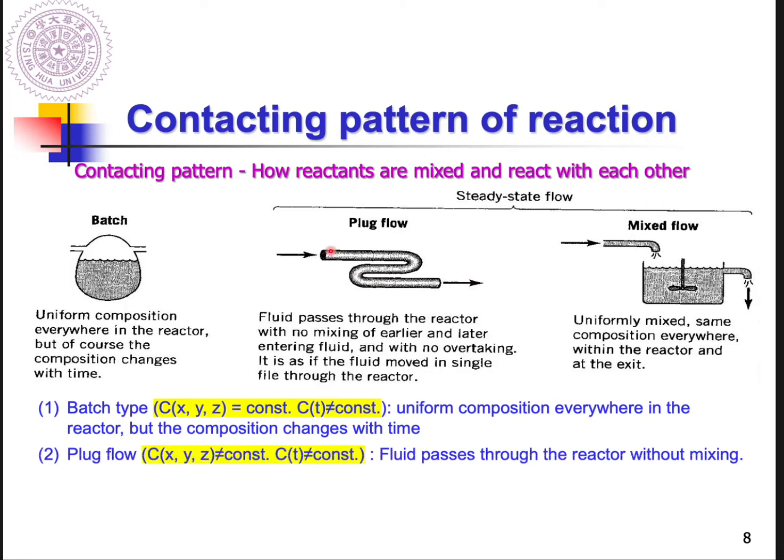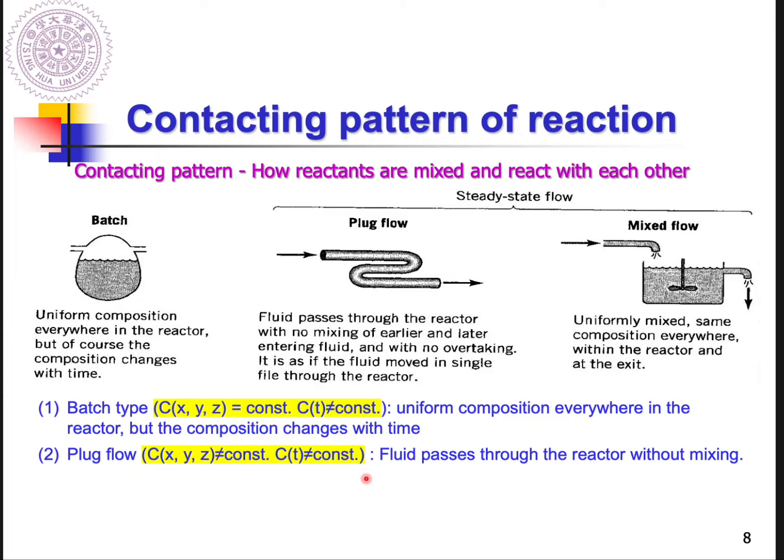So when you check the concentration at different locations, you will find the concentration does change with location, and also with time, because the reactants flow and pass through this tube-like reactor. So no matter whether it's the concentration at different locations, or the concentration at one location, it also changes with time.